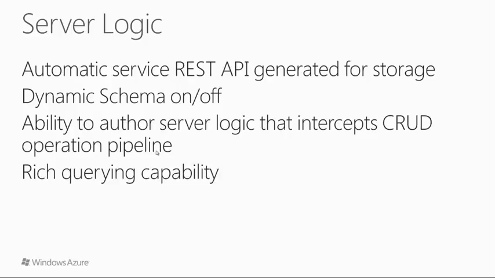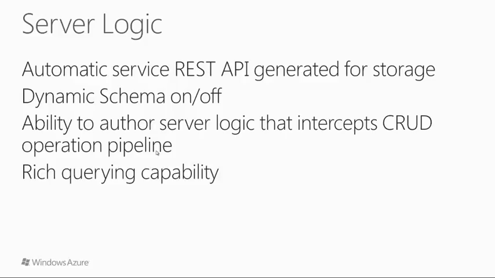In actual fact, that's what we call dynamic schema. On the slide here, dynamic schema on-off is the capability where, if dynamic schema is on, any entity that's being passed to my service, no matter if it's got 3 properties or 4 properties, mobile services is going to determine the best way to serialize them into your DB, and it'll add a column of an appropriate type for that.